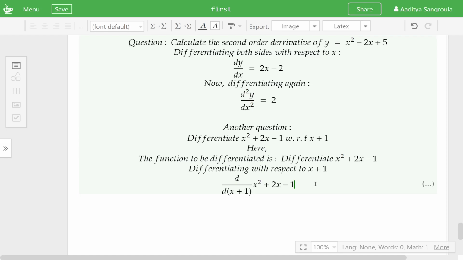Now we need to have a way. So we say it is equal to d over d(x plus 1). If we take x as a common factor, let's do x squared.